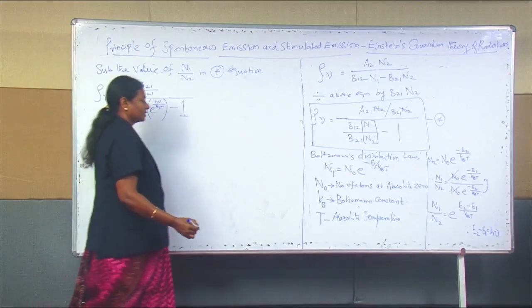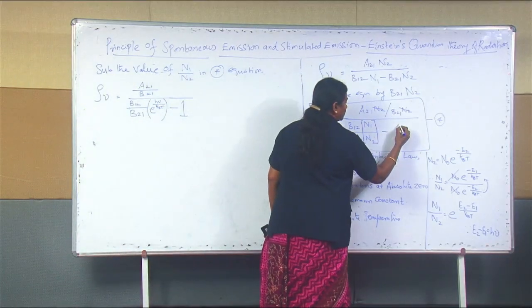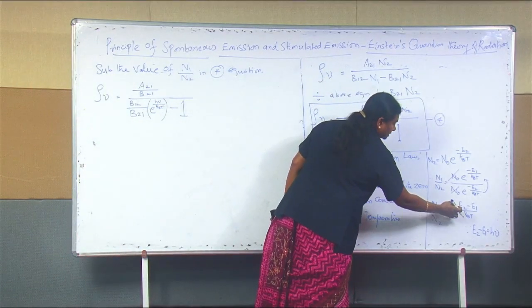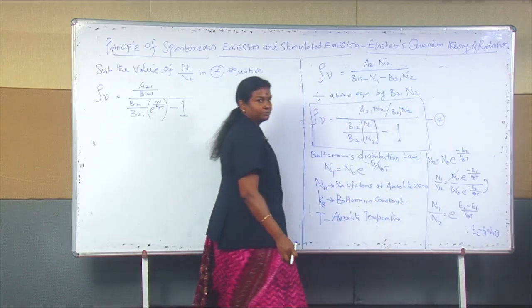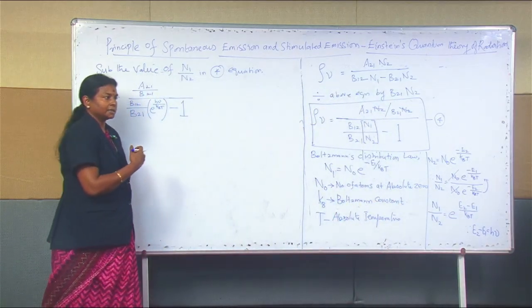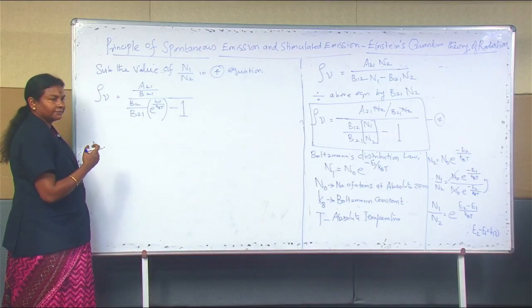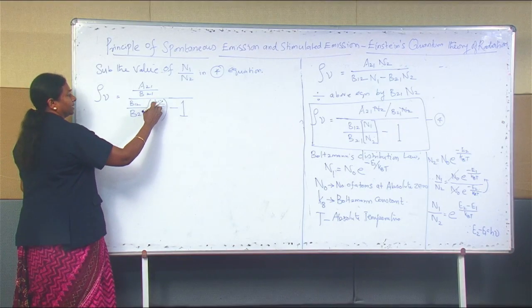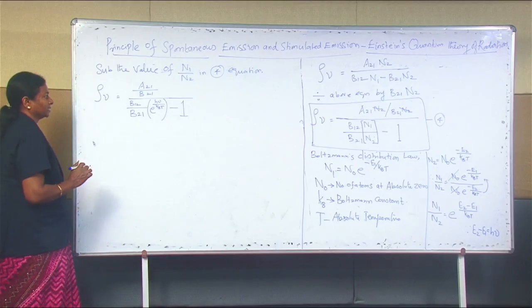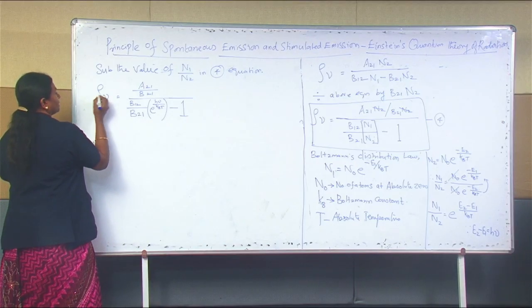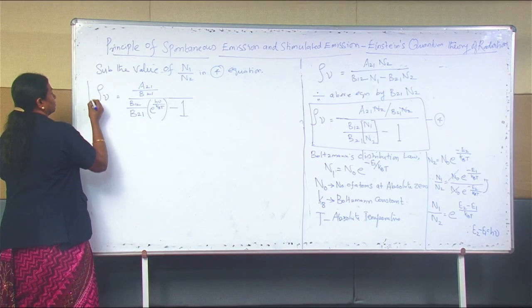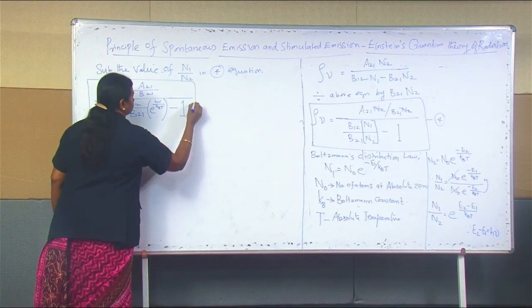Here we have shown E2 minus E1 as h nu. In the beginning itself I told you the energy difference is equal to h nu. So, here e to the power of h nu by kBT minus 1. Here we can box this equation.